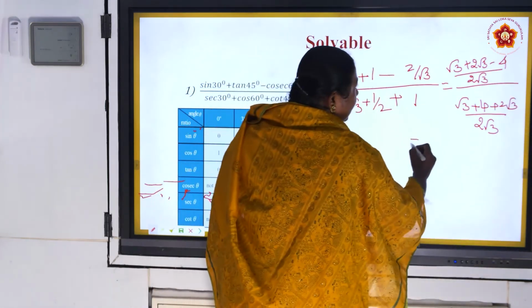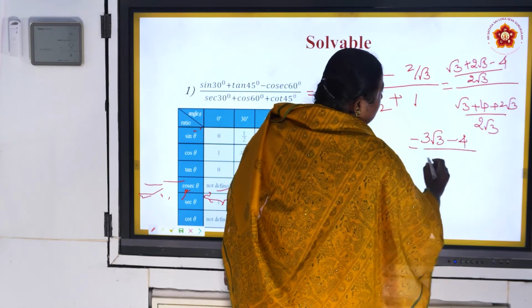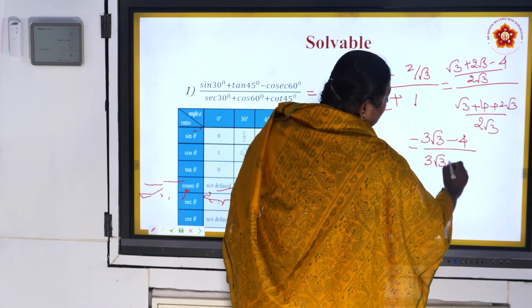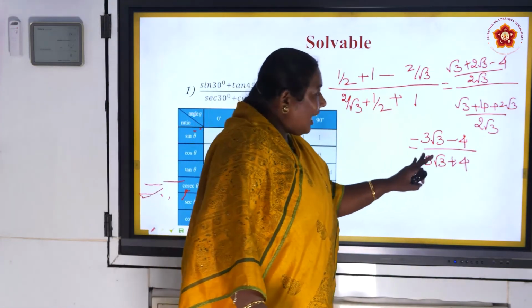Okay, so you will get 3 root 3 minus 4 over 3 root 3 plus 4. Okay, now you have the value.